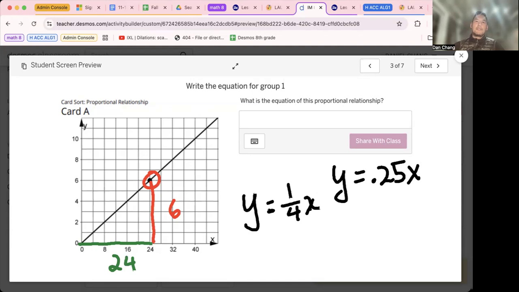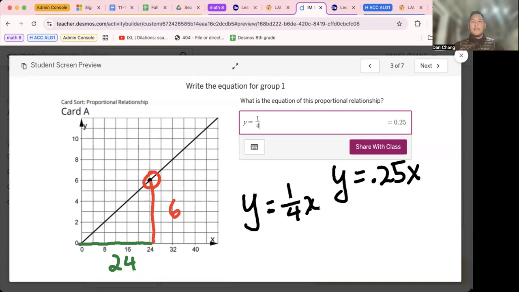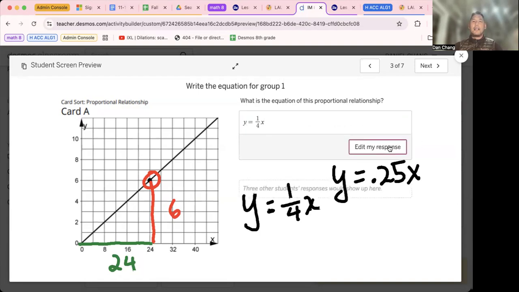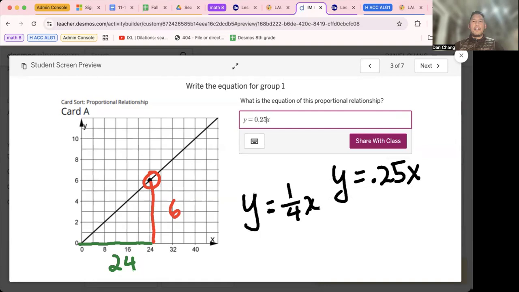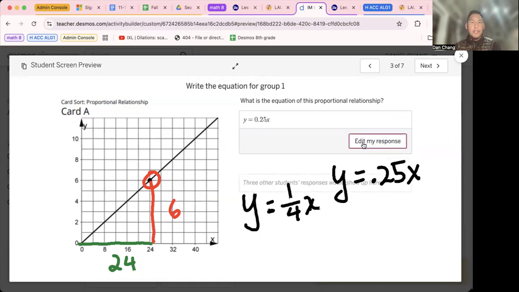Either way works. If you're in Desmos, y equals 1/4 x, you can write it like that. Hit share with class. Or you could write y equals 0.25x. Hit share with class.